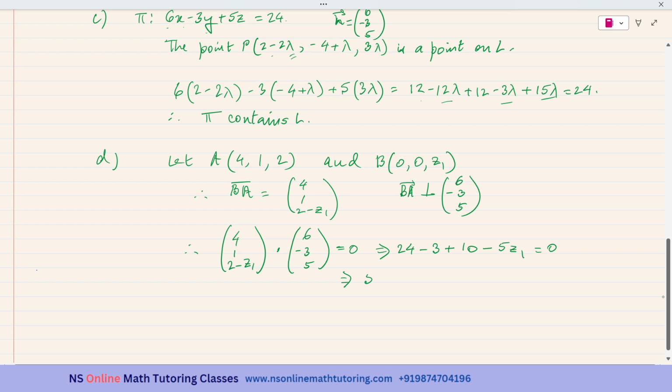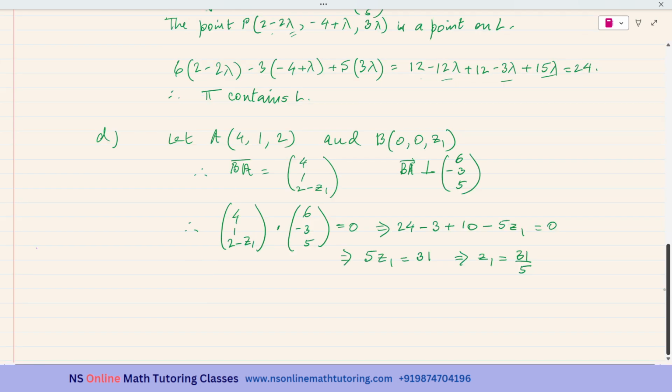So 5Z1 equal to 24 minus 3 is 21, 21 plus 10 is 31. So the Z coordinate of the intersection point will be 31 over 5.